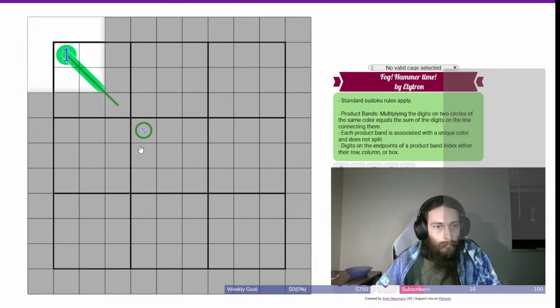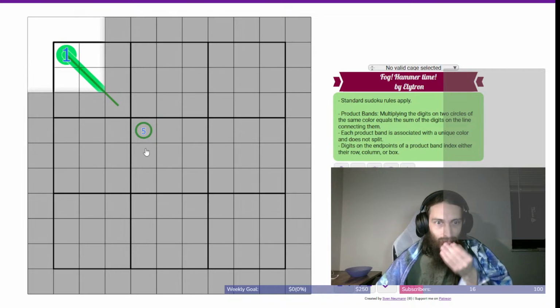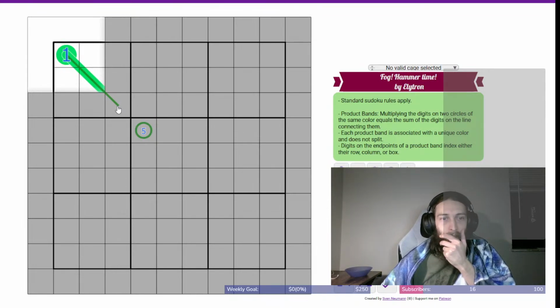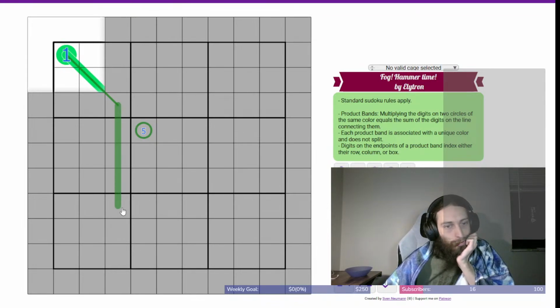Either way, any way you do it, you've got to go through 6. And then if I tried to go farther to 7, well, these 4 digits are 10. And even if I just follow the diagonal, that's 6 plus 5 is 11.